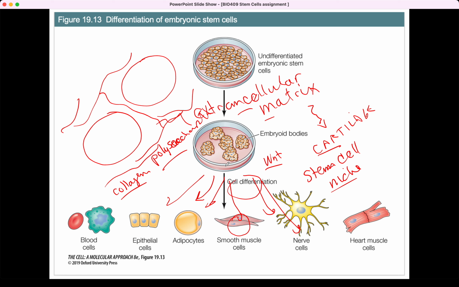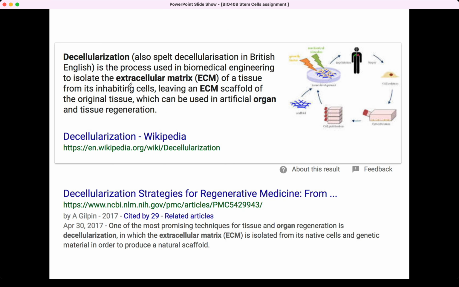So one thing that scientists did years ago is they would take an organ, like a kidney, and they would remove the cells, and they call that decellularization, and they would be left with this mesh. So they would kill the cells in some way, with some treatment. And then it would still be the shape of a kidney, but it would just be that extracellular mesh.